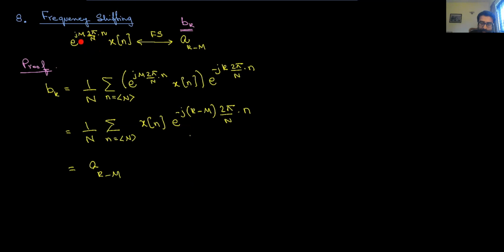This thing here is some integer times 2π/N. That's the frequency. If that's an exponential that I'm multiplying in the time domain, what happens in the Fourier domain is that the Fourier series coefficients are just shifted by capital M, and the proof is here. Okay? Any questions here?